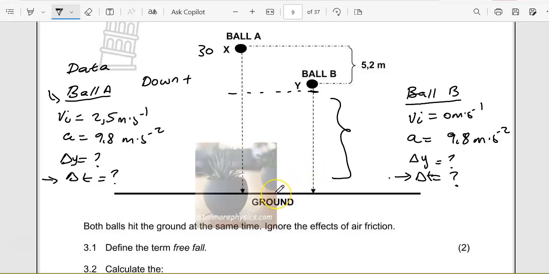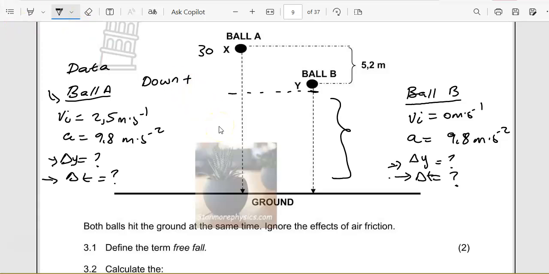Yeah. So now the most important thing is, because you're going to say, I don't have delta y, and I'm looking for t. Now you'll be trying to calculate delta y. No, don't do that. What you need to do is once you have your data, write down the formula, choose the formula that you need to use.